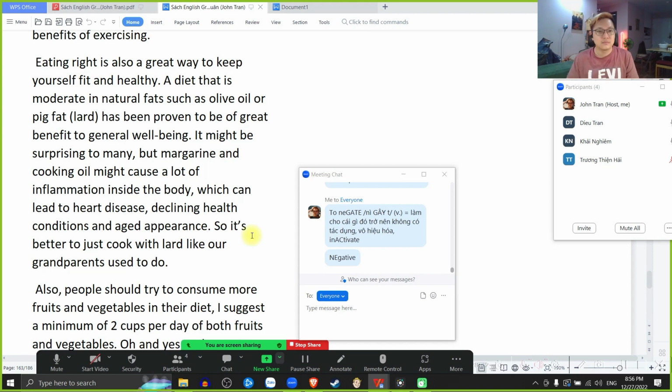It might be surprising to many, but margarine and cooking oil.